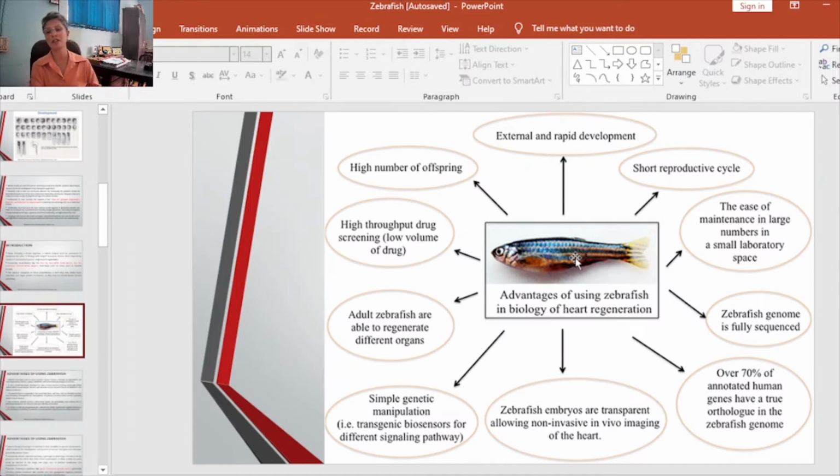So why can we utilize the zebrafish, and what are the advantages of using it? As we have seen, it has a very short lifespan and a short reproductive cycle, and the embryonic development is totally transparent, so we can visualize all types of development very easily.